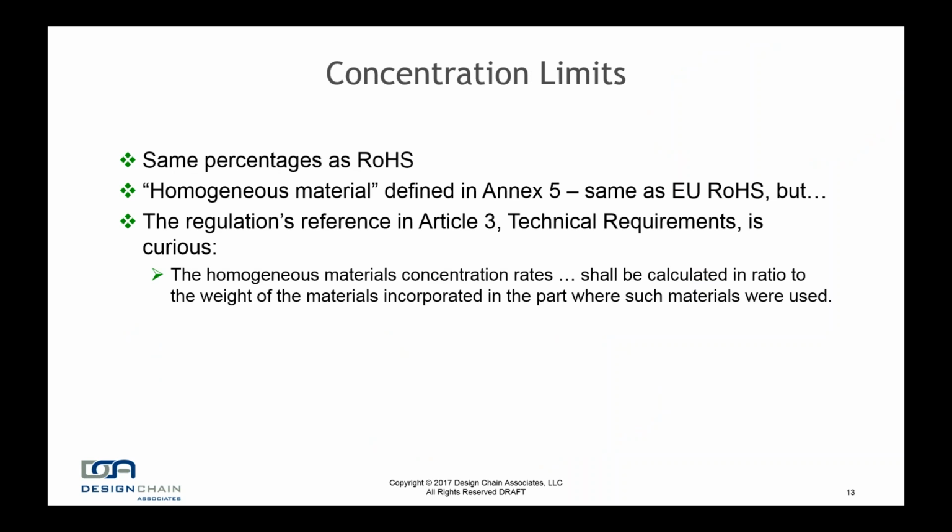The concentration limits, as I said and showed, are the same percentages as EU RoHS. Homogeneous materials as defined in Annex 5 is the same as EU RoHS, but the regulation's reference in Article 3, technical requirements, is curious. The homogeneous materials concentration rates shall be calculated in ratio to the weight of the materials incorporated in the part where such materials were used.